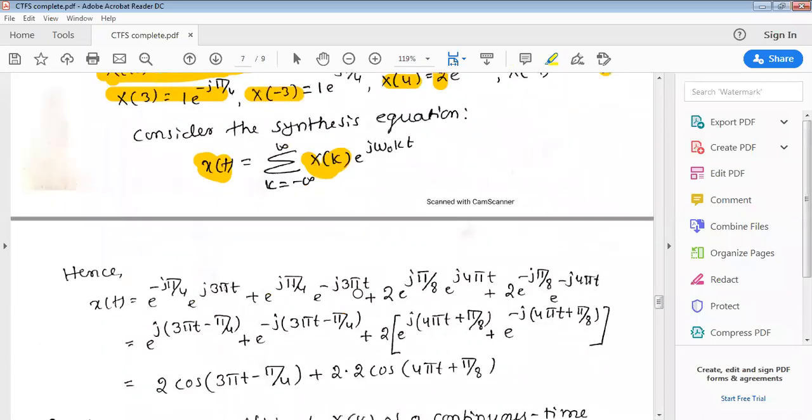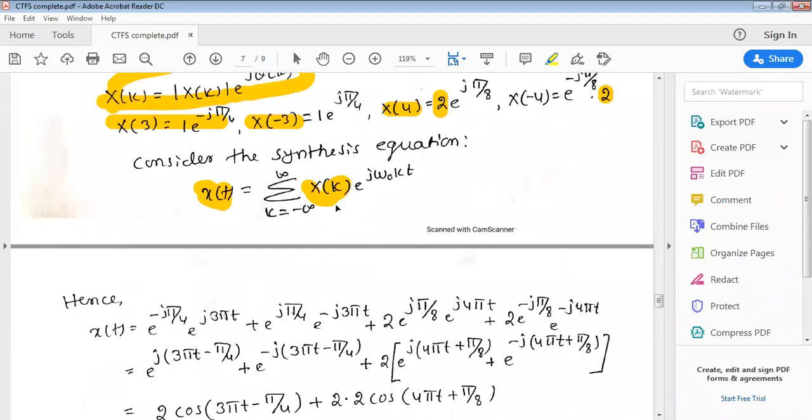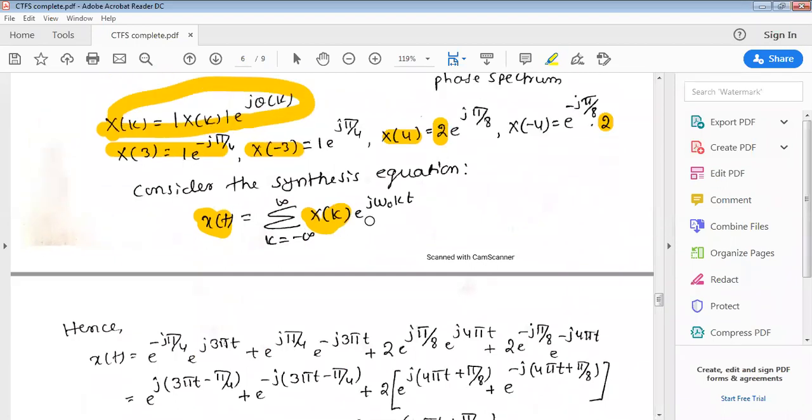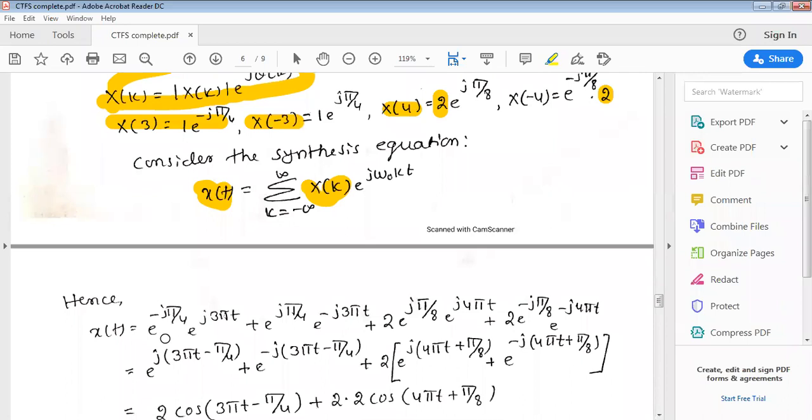Okay. Now, x of t is equal to, let us put k equal to 3. x of 3 is nothing but 1 into e power minus j pi by 4, into e power j k omega naught t, where omega naught is pi and k is 3, that is e power j 3 pi t.